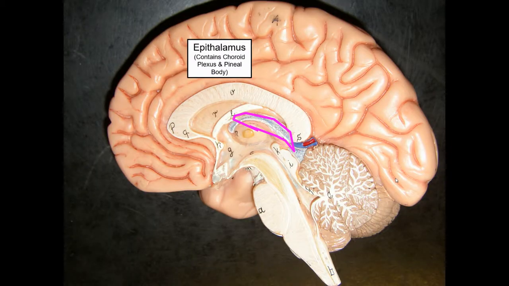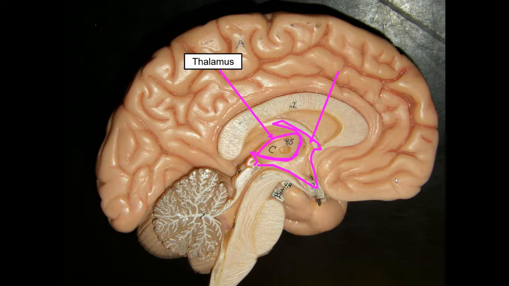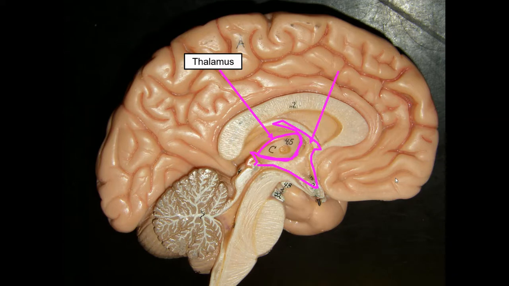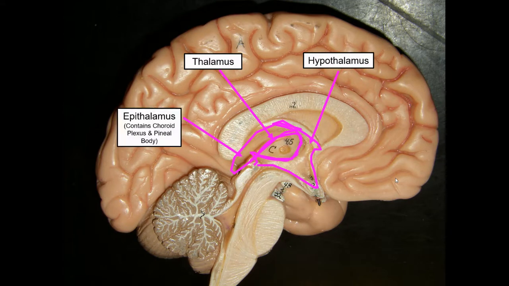Let's look at the epithalamus first. Well, depending on which brain half or which brain model half you're looking at, you're going to either have one structure or two structures. They both have something that's pink and looks a little bit like a tadpole. But this half doesn't have this red-blue structure that this half has.